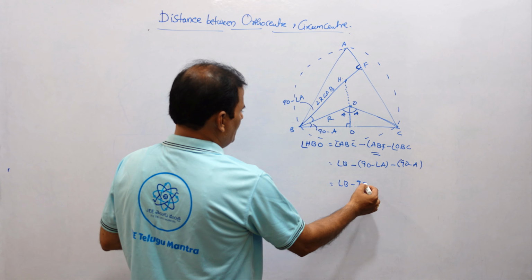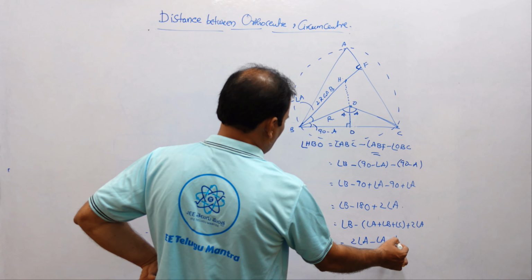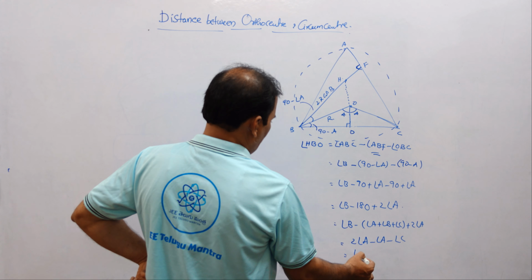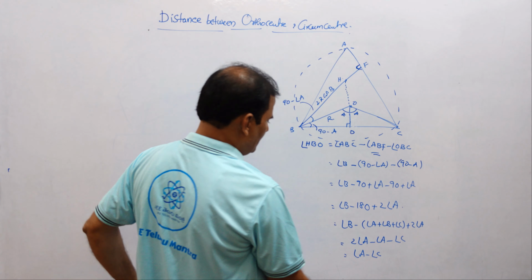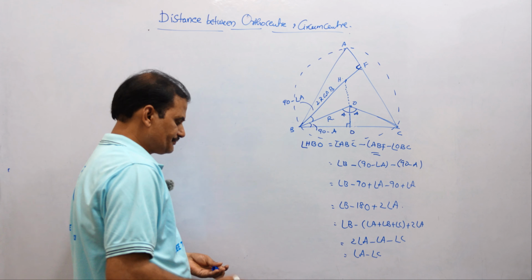For 2 angle A minus angle C, finally we get angle A minus angle C. Finally we obtain angle HBO is equal to angle A minus angle C.